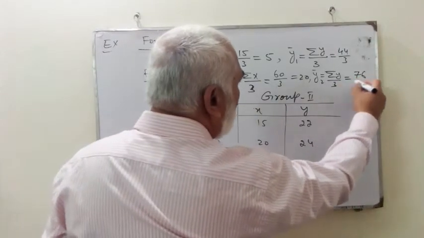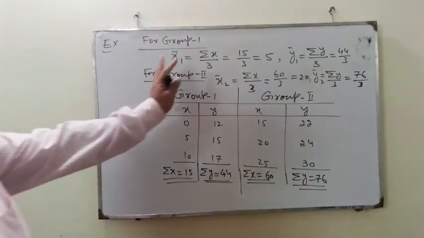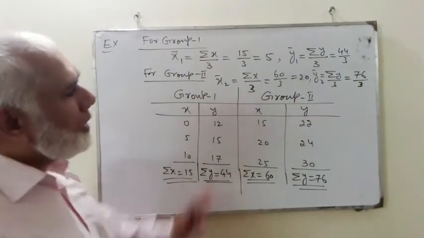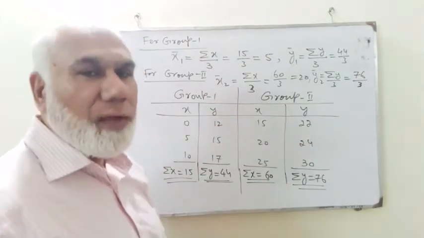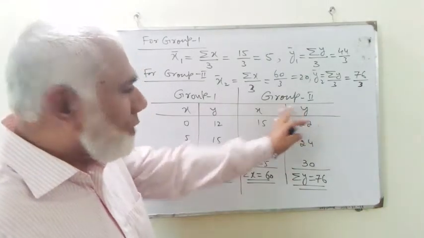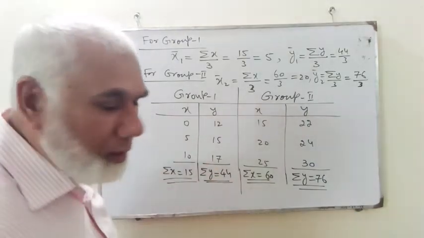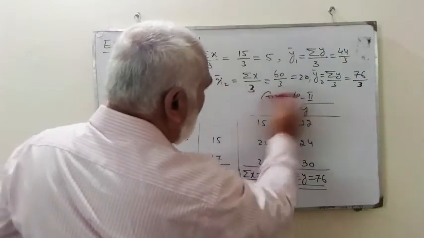So this gives you 76 over 3. So now we have the values of x1 bar, x2 bar, y1 bar and y2 bar. These values can now be used in the standard equation we have developed in the method of group of averages. I'm going to erase this section and then I'll let you know one more important thing. Keep focusing on all the steps which I'm doing.